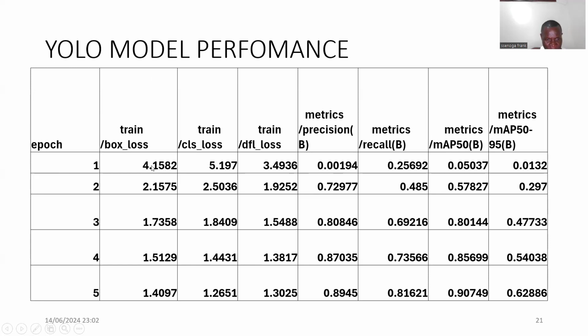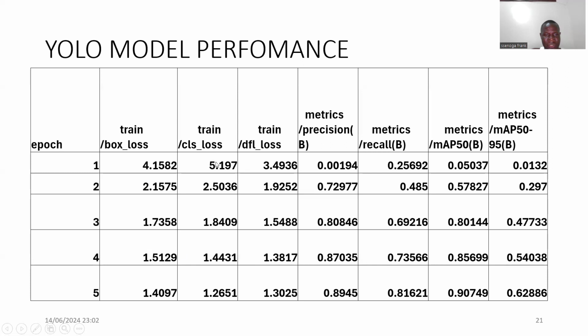As you can see, in epoch 1 the value of precision was very low and the training loss was very high. But as the number of epochs kept on increasing, the training loss keeps on reducing. It was 4, now it reduces to 1.